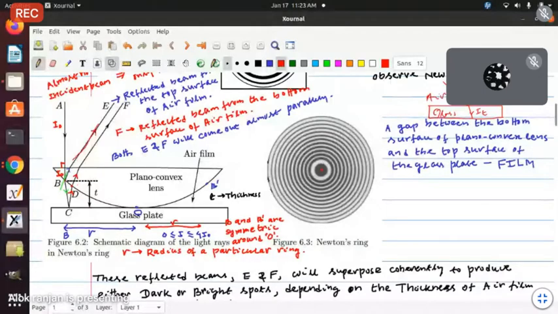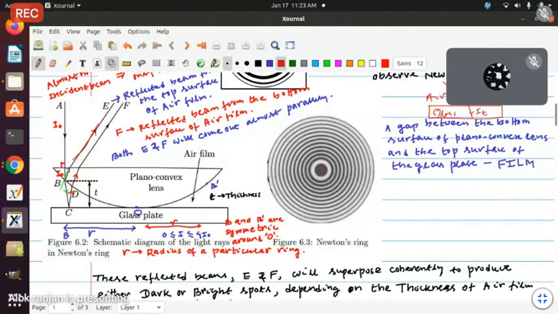So if you look here, in between the bottom surface of the plano-convex lens and the top surface of this glass plate, there is nothing. It might be empty. And you can see, this is the point of contact, namely O. If you move away from this point of contact O, do remember it is a three-dimensional picture, right?